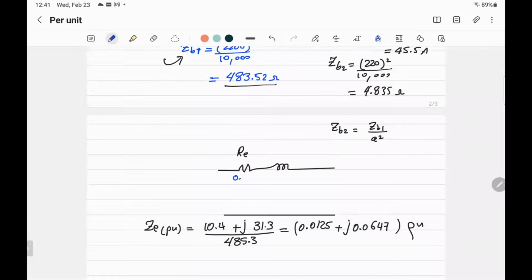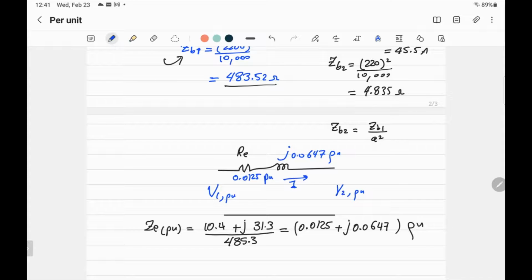That will be 0.0125, and that will be J0.0647 per unit. I'm sorry, that's not ohm, that's per unit. All right. You have here, I have V1 per unit, I have V2 per unit. That's the equivalent. And the current will be here, I. And now we're going to see the advantage of the calculation.